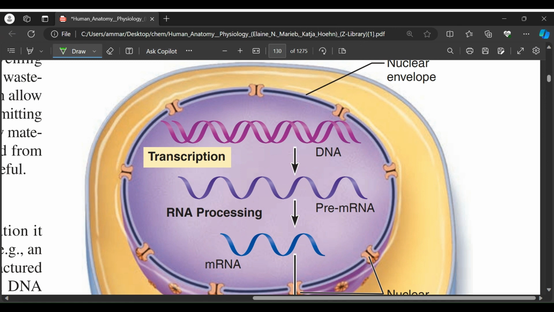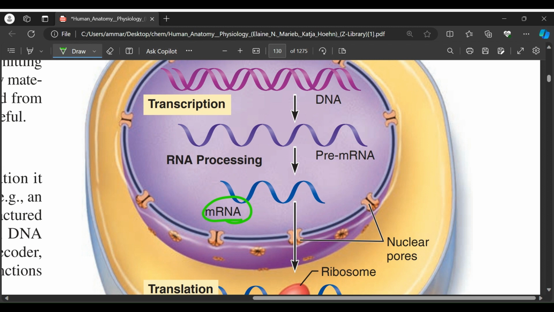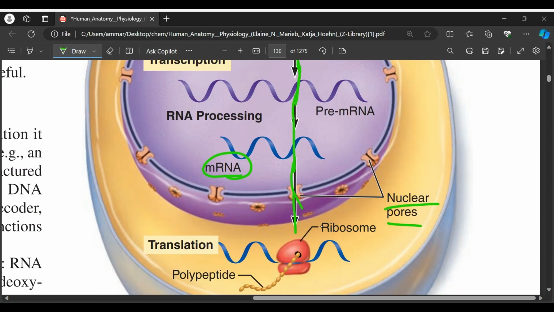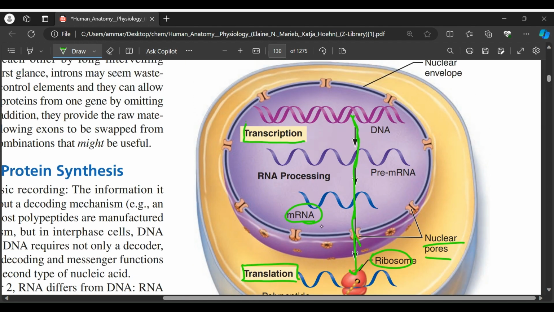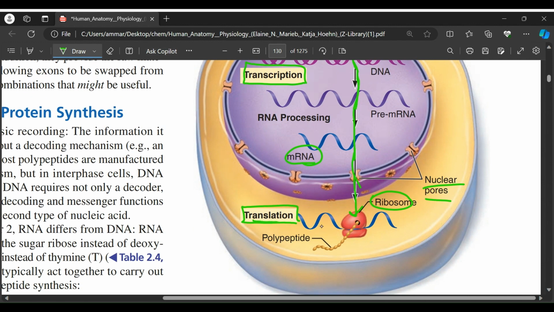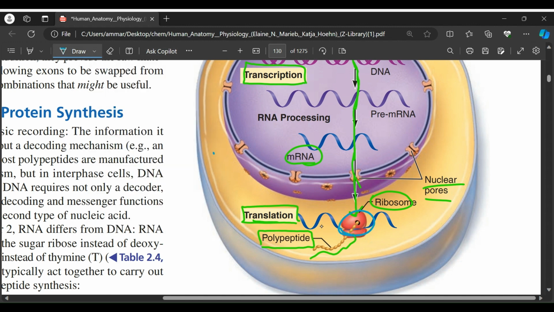So now we know that the mRNA is a messenger. It will take the codes from the DNA and go through these nuclear pores to the cytoplasm, to the ribosomes. And here, the translation will occur. Here in the nucleus, the transcription will occur, and here, the translation, where a polypeptide chain is formed after the involvement, of course, of the ribosomes.